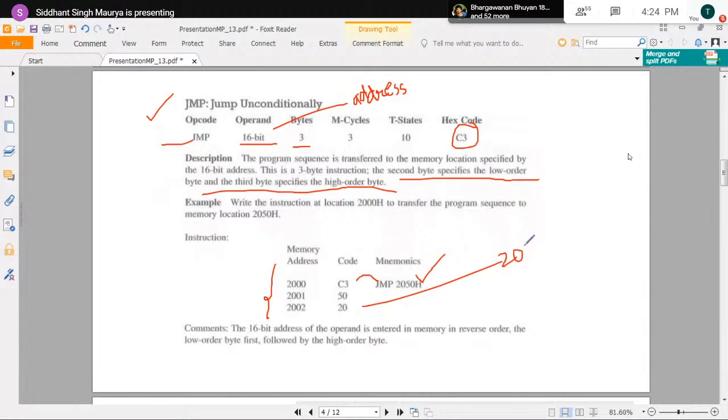The instructions in between 2002 and 2050 will not be executed. That is the meaning. And always remember that whenever you enter a 16-bit address, which we will see practically today, the lower order byte will come first, followed by the higher order byte.